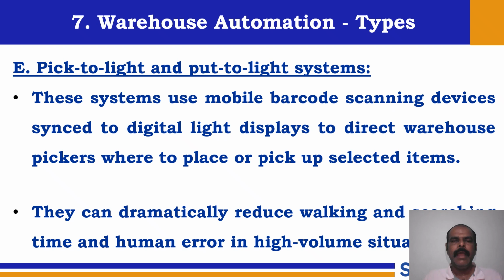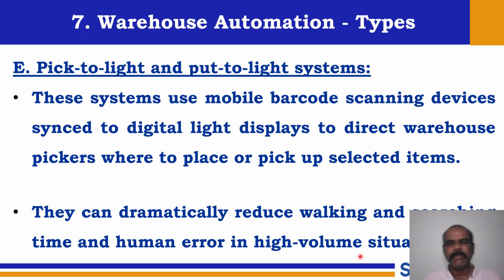The next, pick to light and put to light systems. These systems are basically mobile barcode scanning devices synchronized to digital light displays to direct warehouse pickers where to place or pick up selected items. They can dramatically reduce walking and packing time and human error in high volume situations.